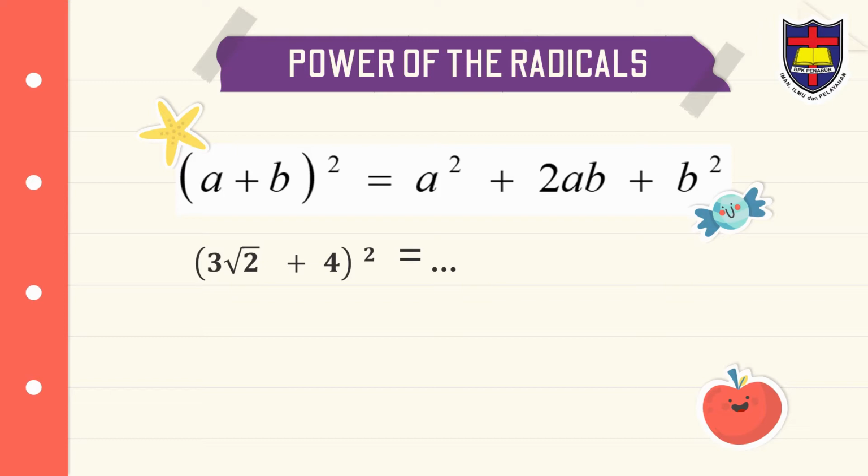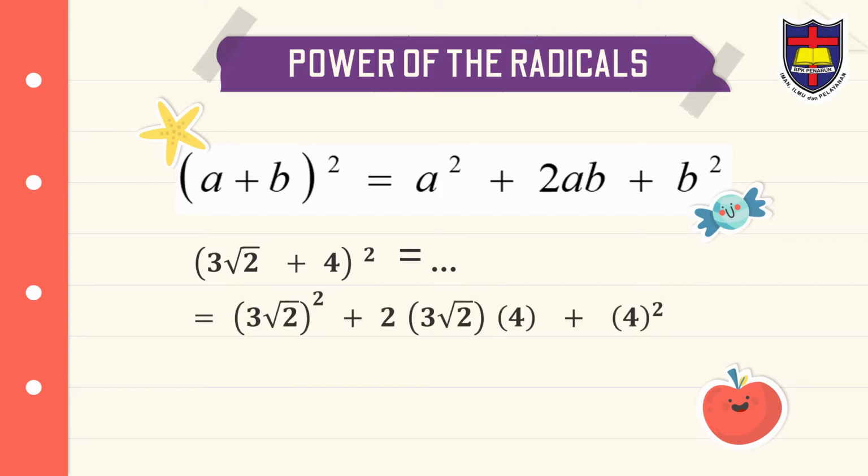So a equals to 3 square roots of 2, meanwhile b is equal to 4. So we can write it as 3 square roots of 2 to the power of 2 plus 2 times a times b. So 2 times 3 square roots of 2 times 4 plus b squared. b is 4, so plus 4 squared.